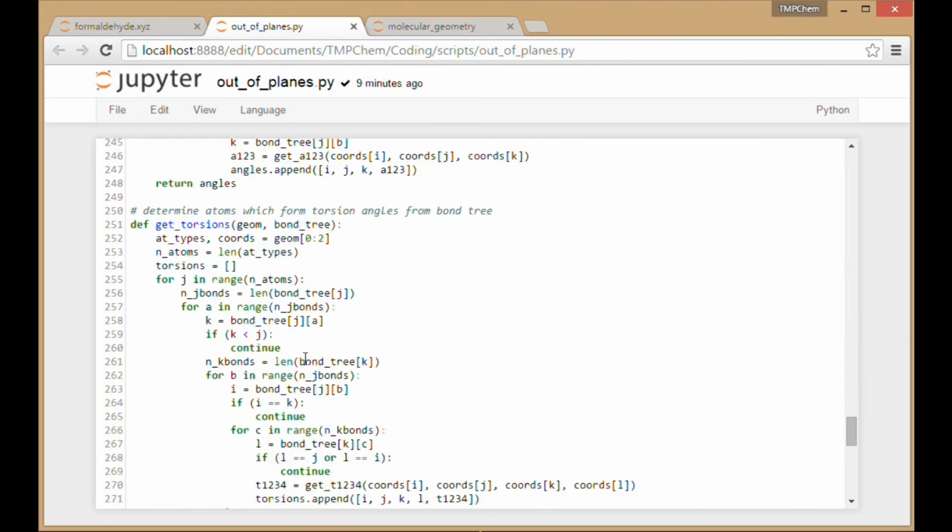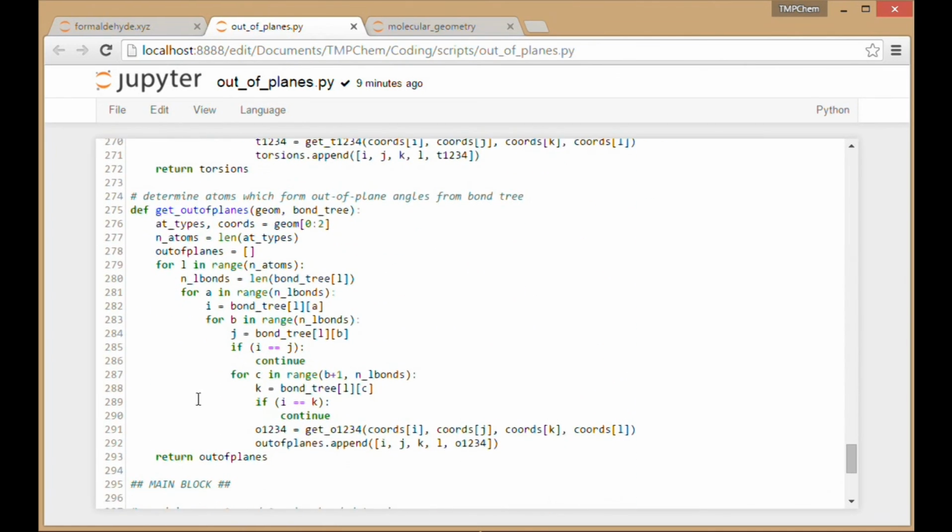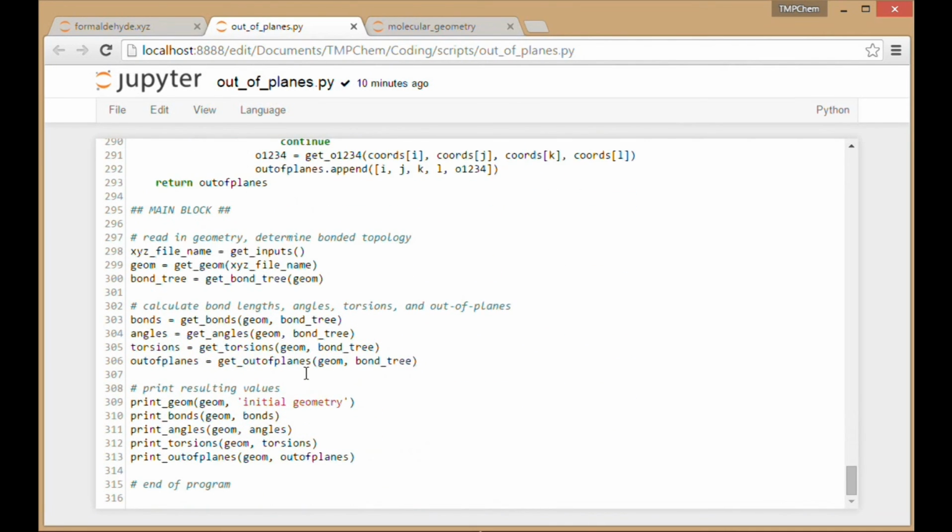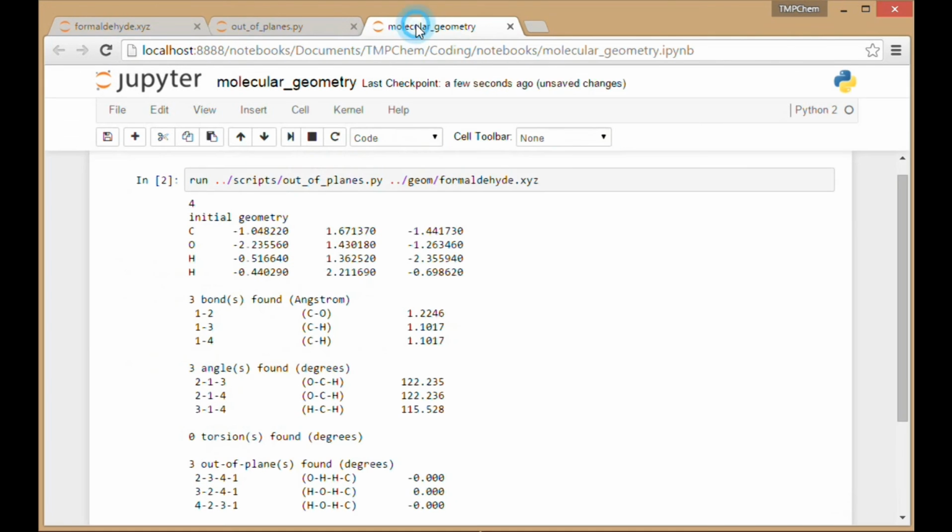A lot of same determining functions. Again, several nested loops making sure that I is bonded to L, J is bonded to L, and K is bonded to L. And now our main block of our code has two new lines, getting the out-of-plane angles from the geometry and the bond tree, and then printing those values to screen.